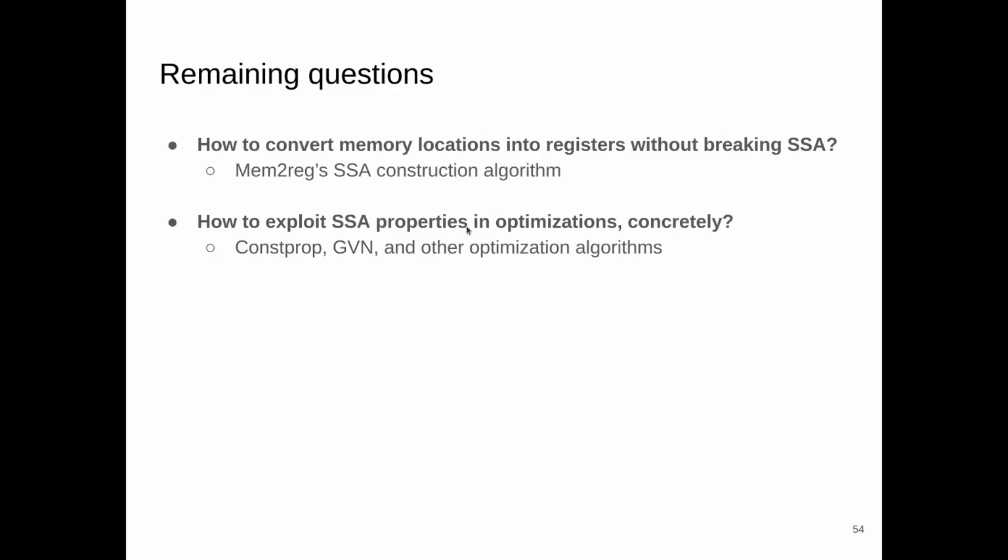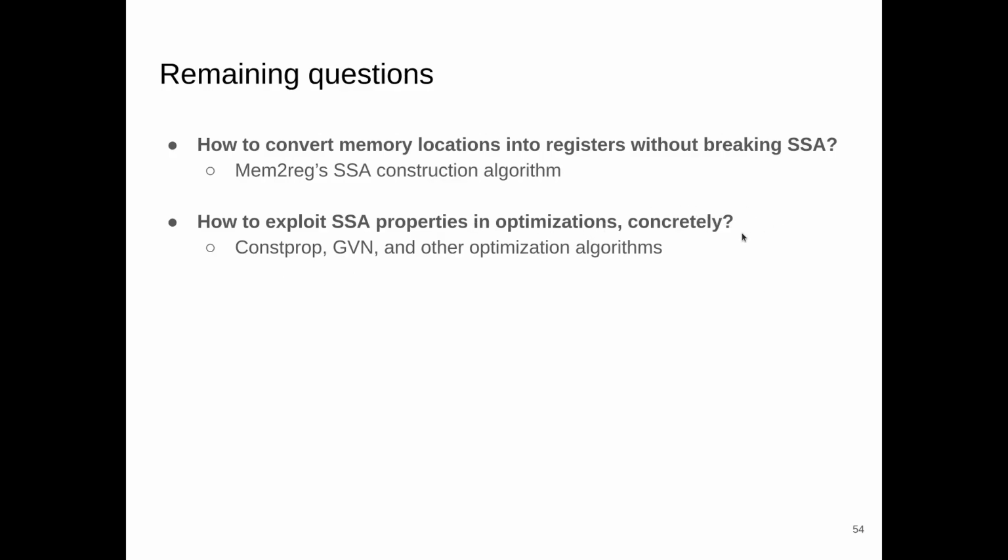And on the other hand, we are going to answer this question: how to exploit the SSA properties, which means that if a variable is assigned with a value, then the variable should be the same as the value in the rest of the execution because there is no interference. So how to exploit these SSA properties in optimizations?